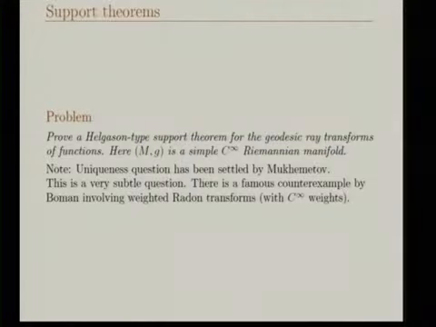But in the case of C infinity, there is a famous counterexample due to Jan Boman that shows that you cannot have uniqueness. But I believe this question is still valid because this does not arise as a weighted Radon type transform.